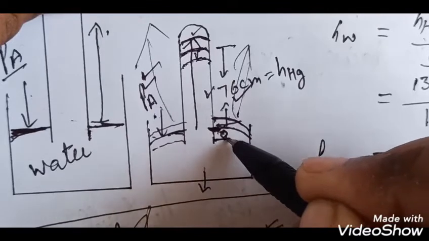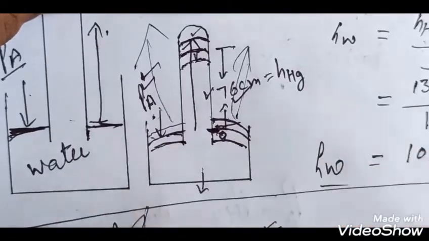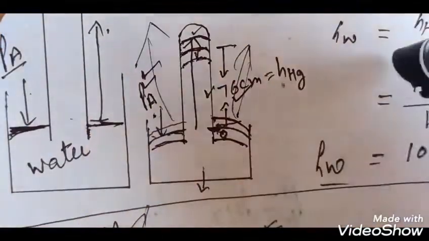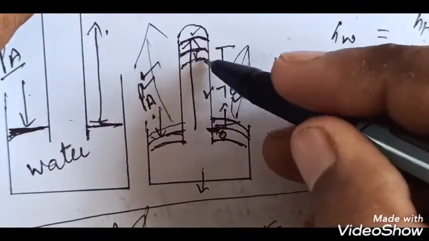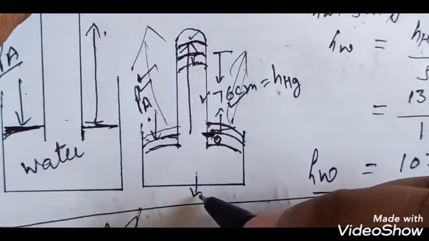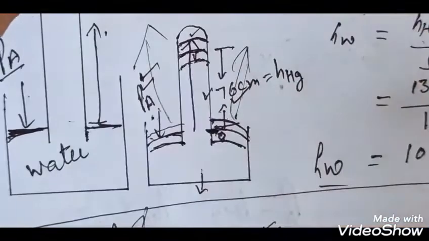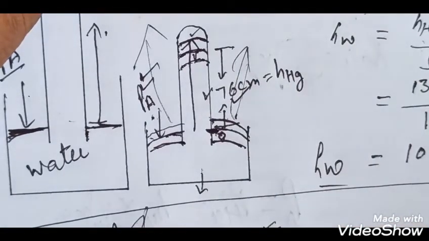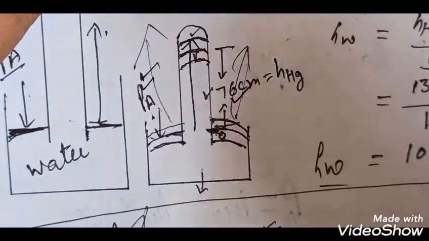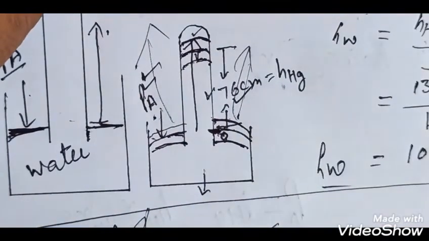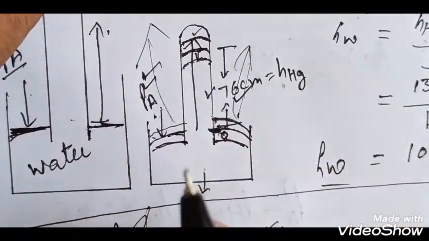Again zero is not matching with the level of mercury. Then what do we have to do? We have to either bring this tube inside, or move the bowl up to match the zero. And if we are not matching the zero, then the true atmospheric pressure cannot be taken by the barometer. And this is a very big problem.